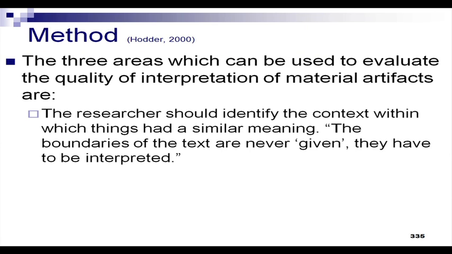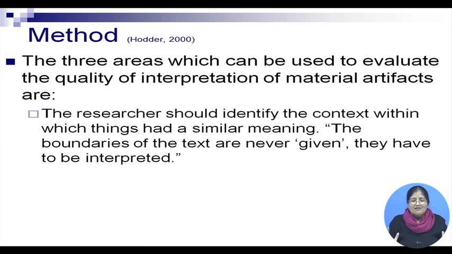Okay, the method of interpreting material culture. Three areas which can be used to evaluate the quality of interpretation of material artifacts are: one, the researcher should identify the context within which the things had a similar meaning. There are boundaries of the context that are never given, they have to be interpreted.